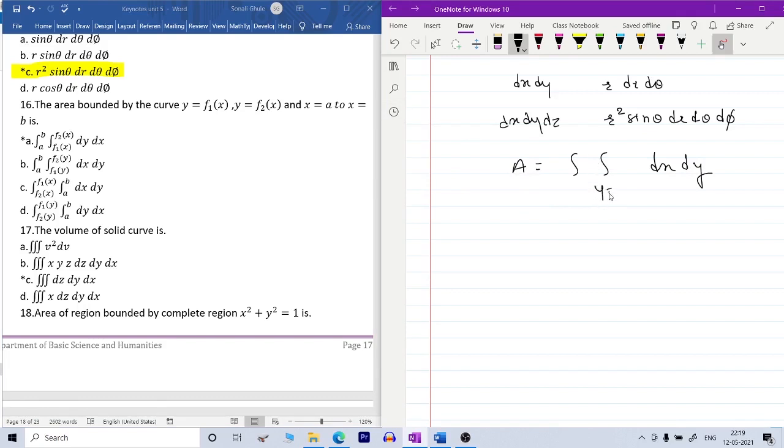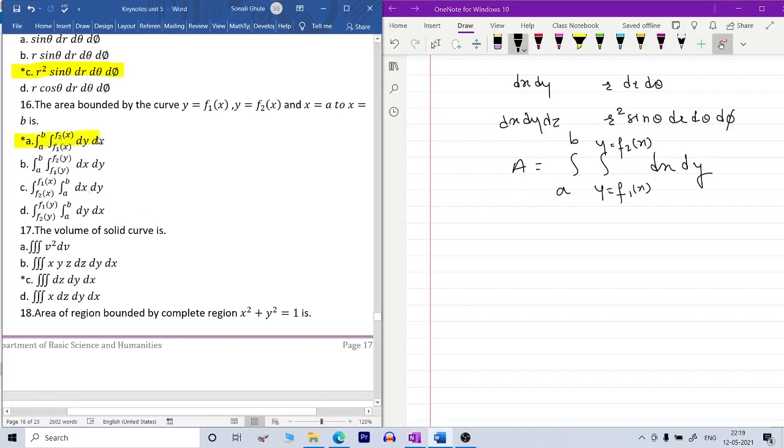So here your inner limit must be from f1x to f2x, and outer limit it must be from a to b. So definitely your correct option is A. Okay, this you have to always remember. That is the formula for area.